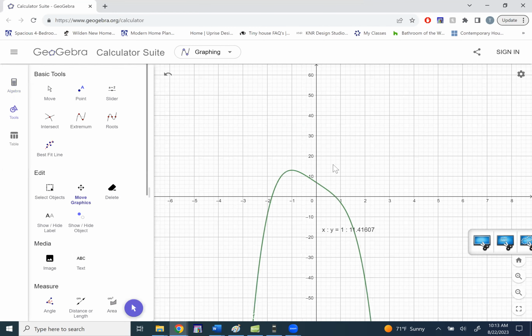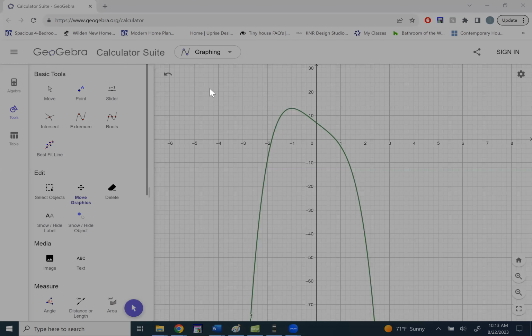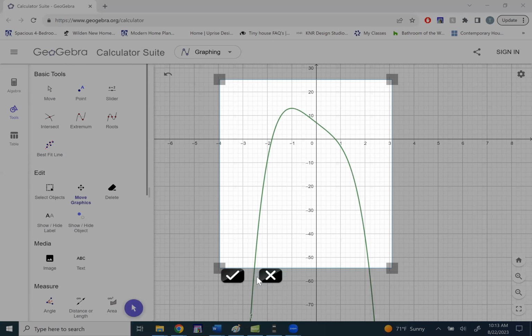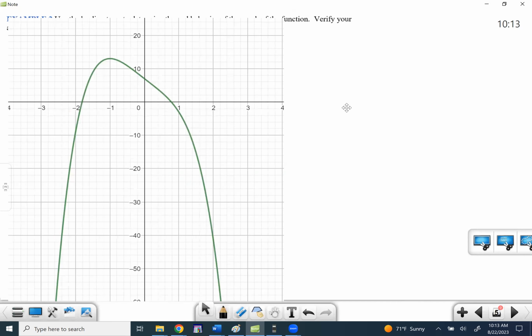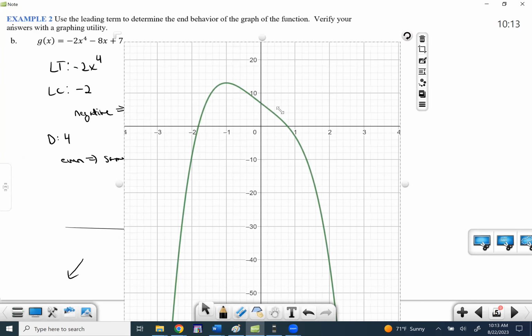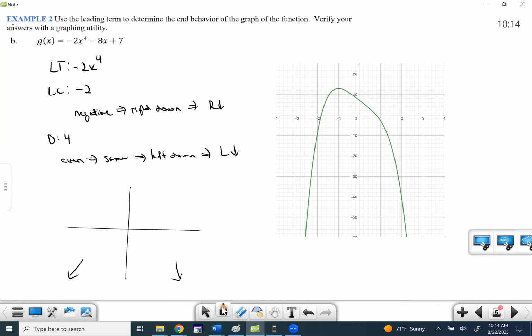Well, there you go. So both the left and the right are going down. And weird stuff going on in the middle, huh? Find out more about that in a bit. There you go. So yep, we definitely go down to the right and down to the left if we were to fill ours in, right? Like that. All right.